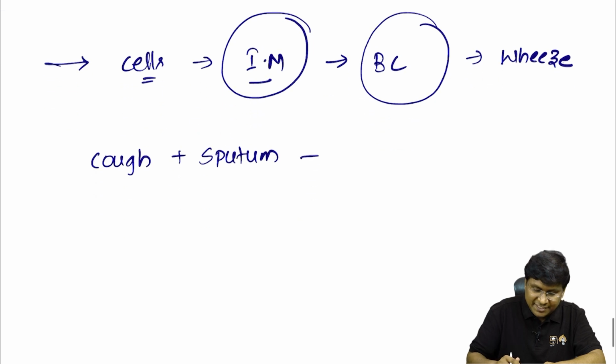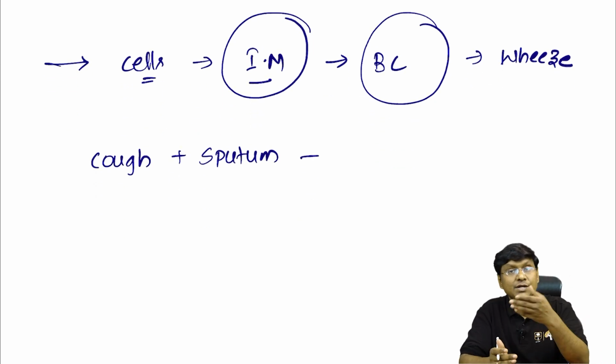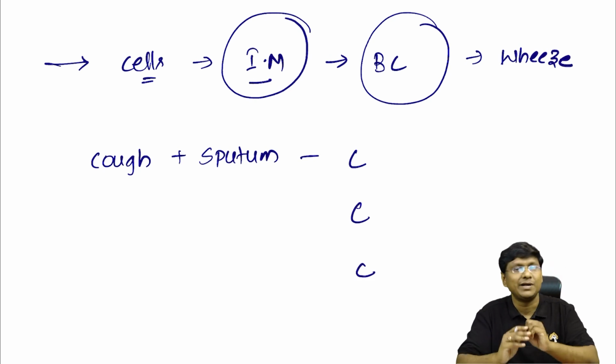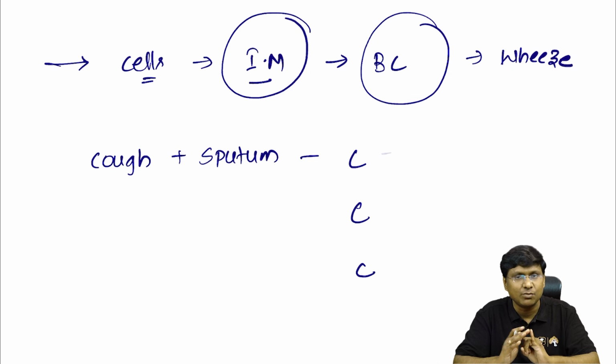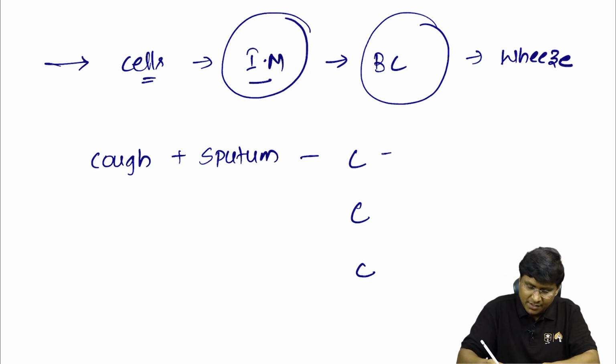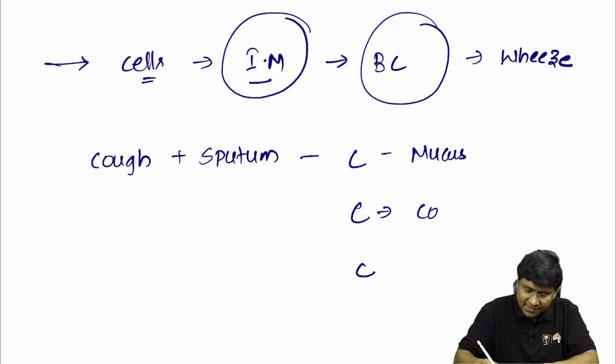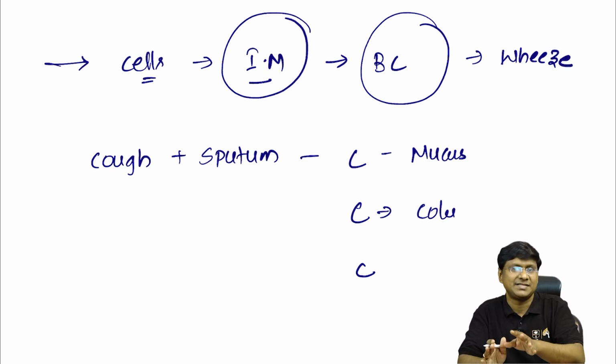So in the sputum of these patients with bronchial asthma, you have the Curschmann spirals, you have the Creola bodies, you have the Charcot-Leyden crystals. Curschmann spirals are what? These are spiral-shaped mucus plugs, right? Whereas the Creola bodies are the ciliated columnar cells which are sloughed from the bronchial mucosa.